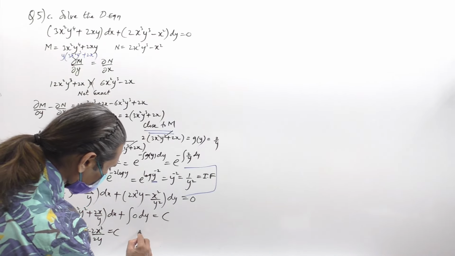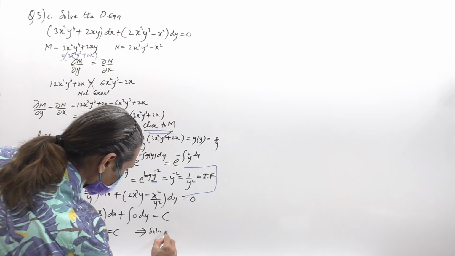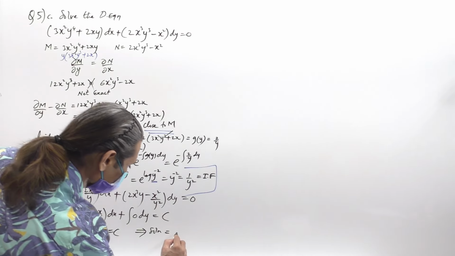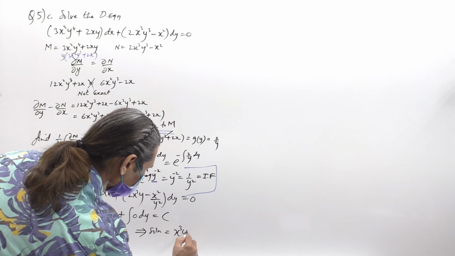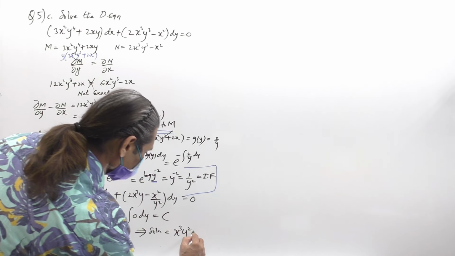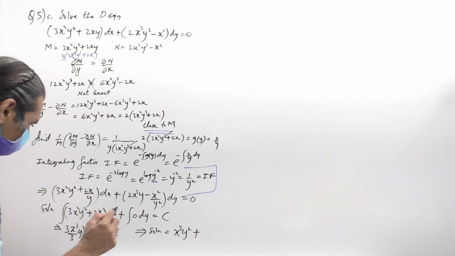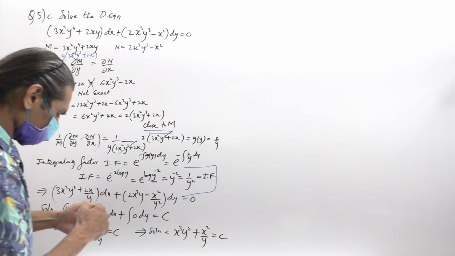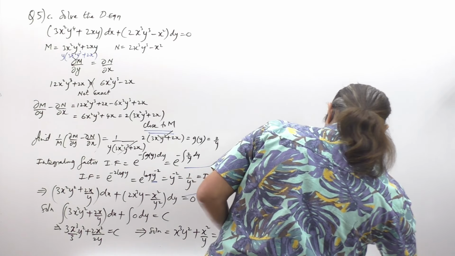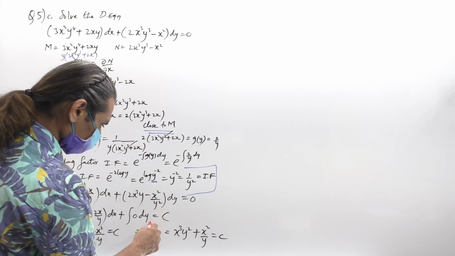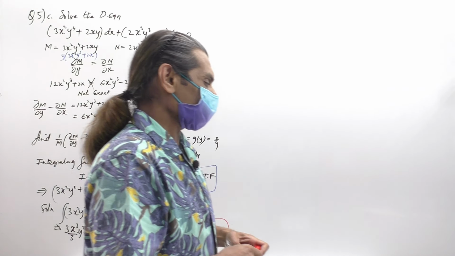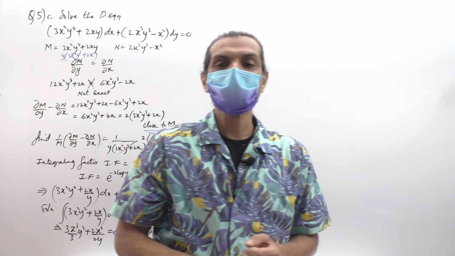So the solution for this differential equation is nothing but, 3 cancels, x cube y square plus 2 cancels, x square by y is equal to c. That's it. Okay, important problem, but needs thorough understanding of the theory and practice.